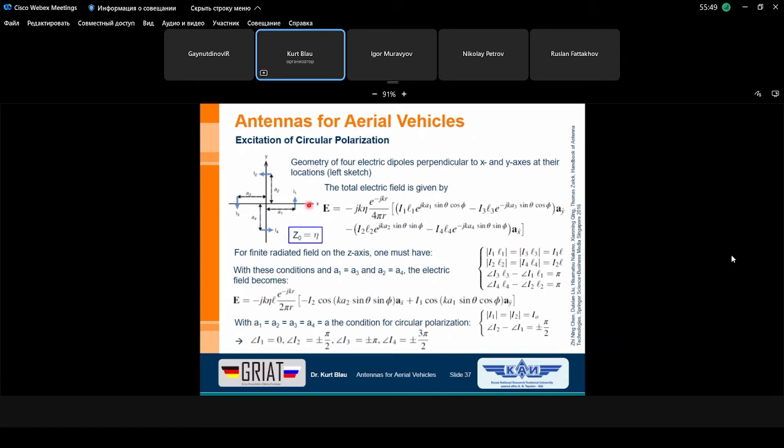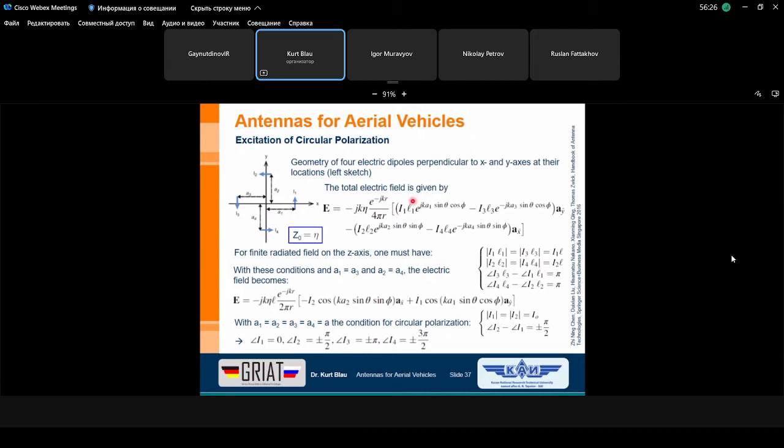Now we can write down the complete electric field components. We know it from the Hertzian dipole principle, the expressions, the j times wave impedance. Here in the Euler expression, this part of the field radiates in free space, and then we have the product of the current along the dipole and its length.